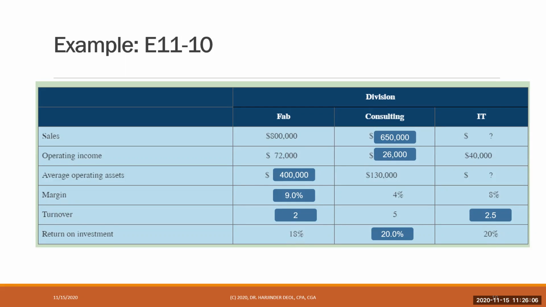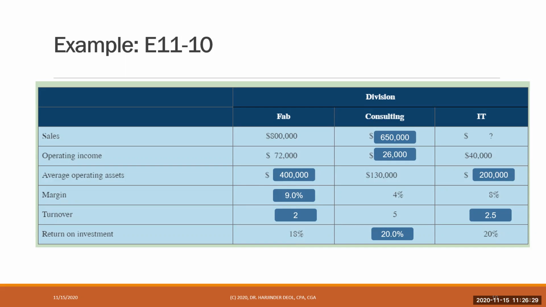We have operating income 40,000, and we are told that the return on investment is 20%. So 40,000 is 20% of the average operating assets. The 40,000 divided by 20% gives us average operating assets 200,000.